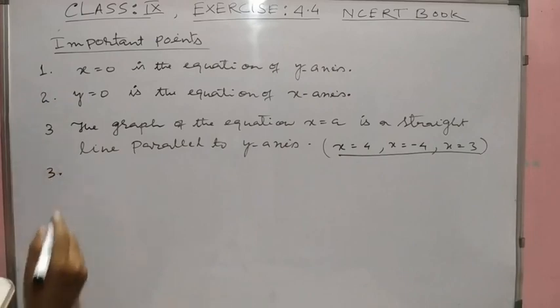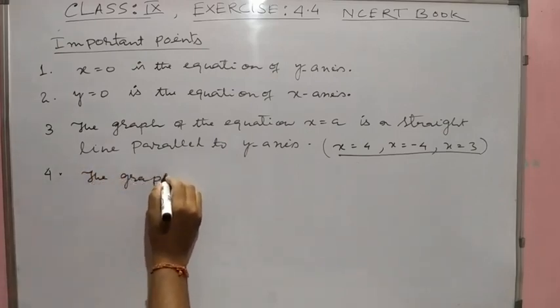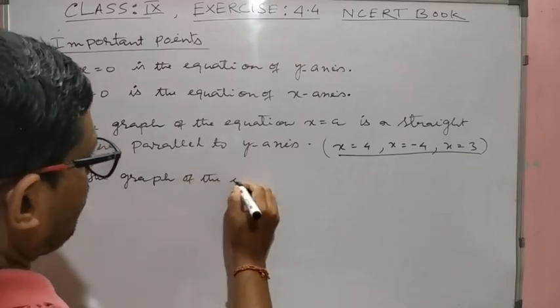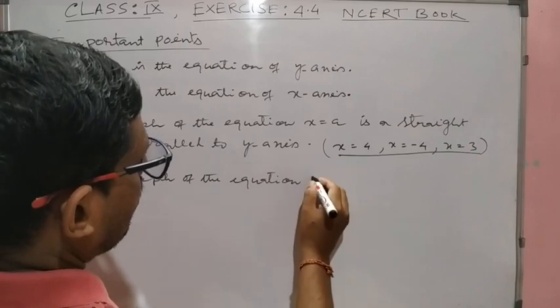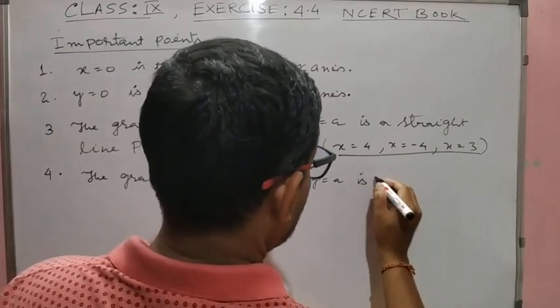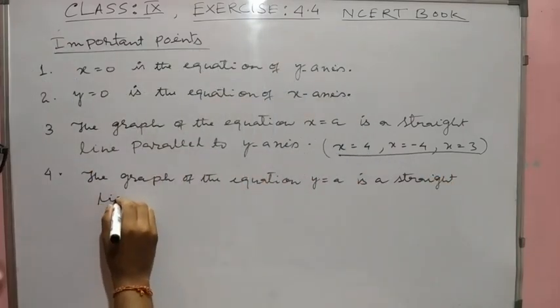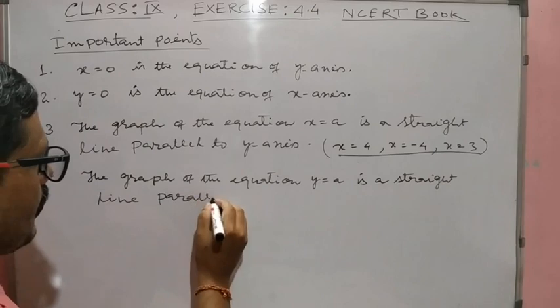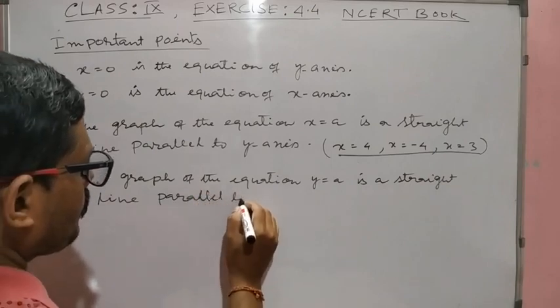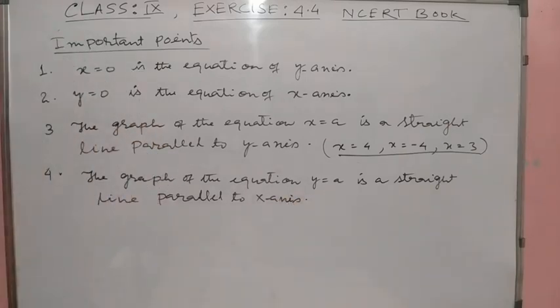Number 4, the graph of the equation y equal to a is a straight line parallel to the x-axis.